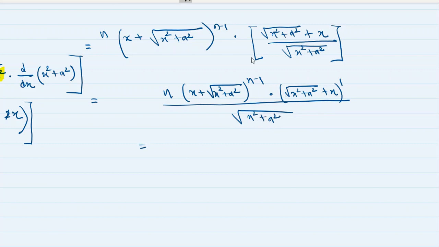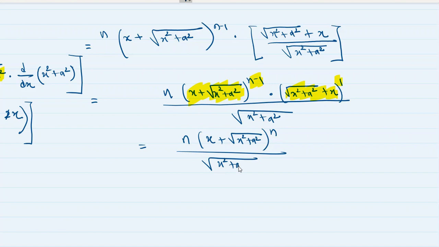See these bases, I'm just going to highlight this. These two bases are the same and their powers are n minus 1 and 1. The powers will get added. n minus 1 plus 1 will become n. So this is nothing but n (x plus under root of x square plus a square) the whole raised to n, the whole upon under root of x square plus a square.